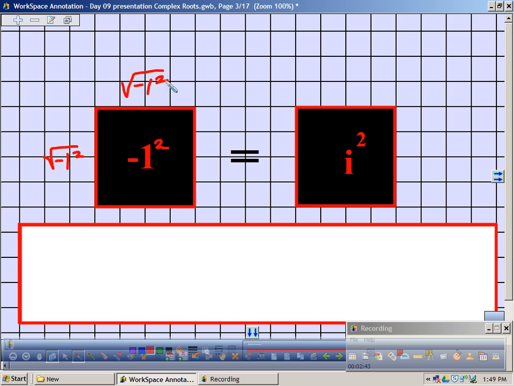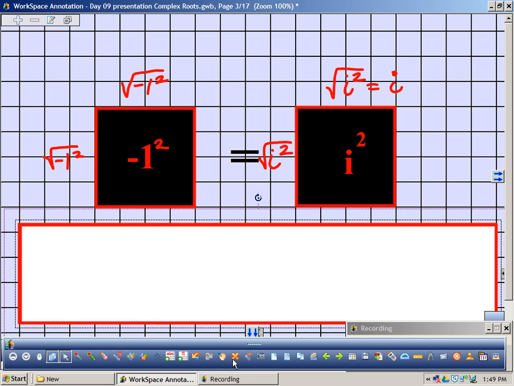But I'm going to change that, and I'm going to make it an i squared. Which is just i. So anytime you see a negative sign inside of a square root, you can just take out an i.